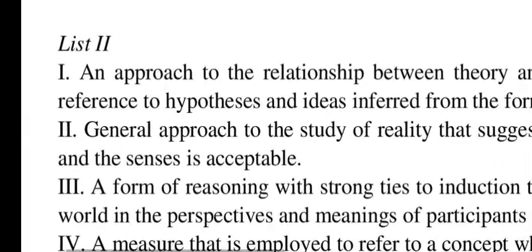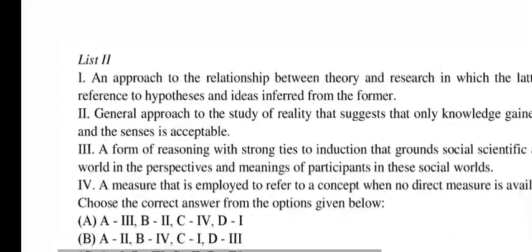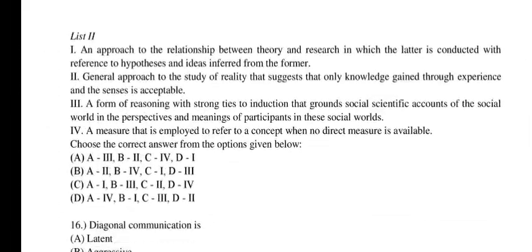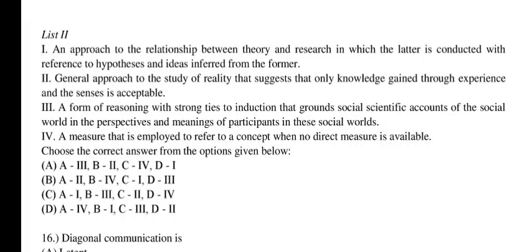In list 2 we have 1, an approach to the relationship between theory and research, in which the latter is conducted with reference to hypotheses and ideas inferred from the former. 2 says general approach to the study of reality that suggests that only knowledge gained through experience and the senses is acceptable. 3 says a form of reasoning with strong ties to induction that grounds social scientific accounts of the social world in the perspectives and meanings of the participants in these social worlds. 4 says a measure that is employed to refer to a concept when no direct measure is available.